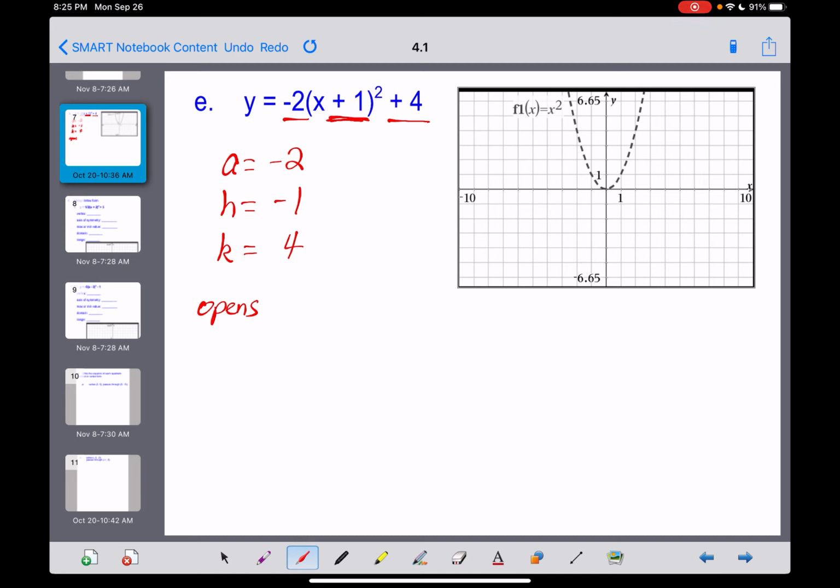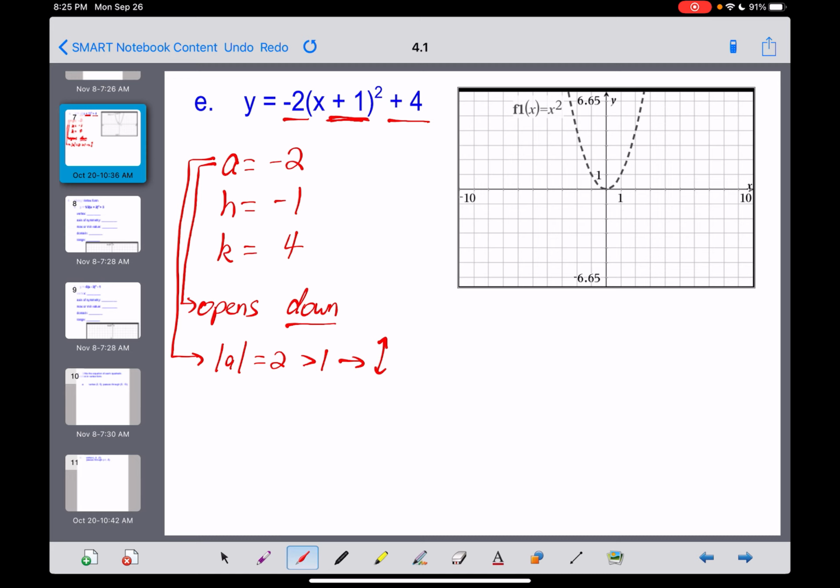What direction does this parabola open? That's determined by the value of a. And since a is negative, our parabola opens downward. Next question, is this parabola wide or skinny or normal? That is determined also by the value of a here, and the absolute value of a is going to be +2, which is greater than 1, and that means that our graph is being stretched vertically.